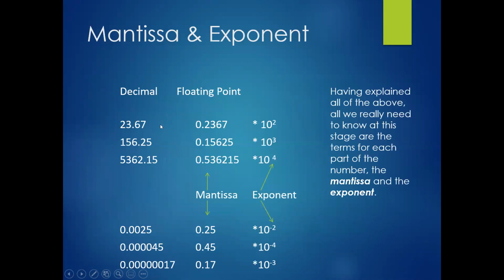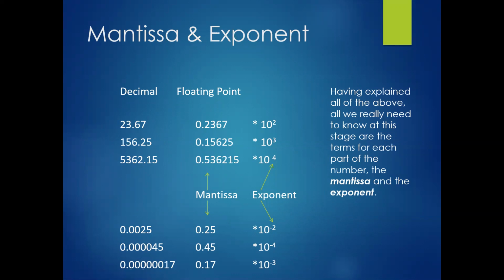Okay, and there's a number of decimal numbers here, showing you what they'd be like in floating point representation. So 23.67 becomes 0.2367 times 10 to the power 2, because we moved the decimal place 2 spaces. This number here, quite a large number, 5,326.15, becomes 0.532615 times 10 to the power 4.